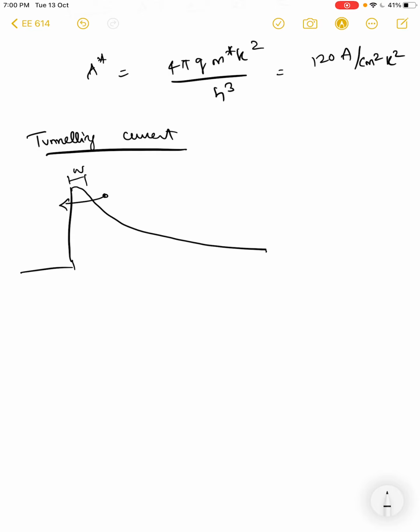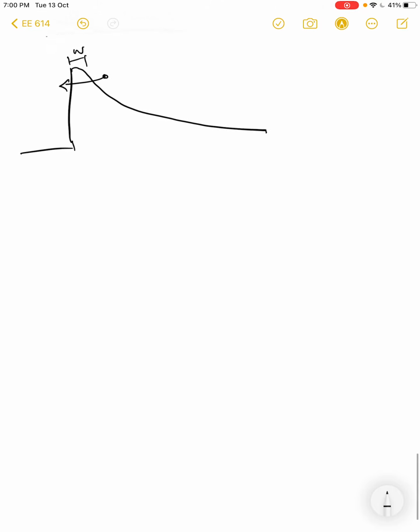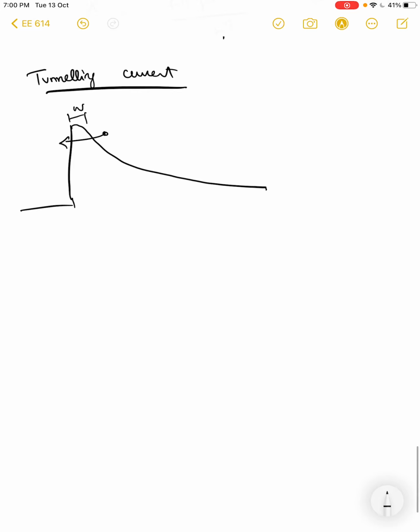So basically the current from semiconductor to the metal depends upon a constant C square by kT times an integral from the Fermi level to the barrier height.